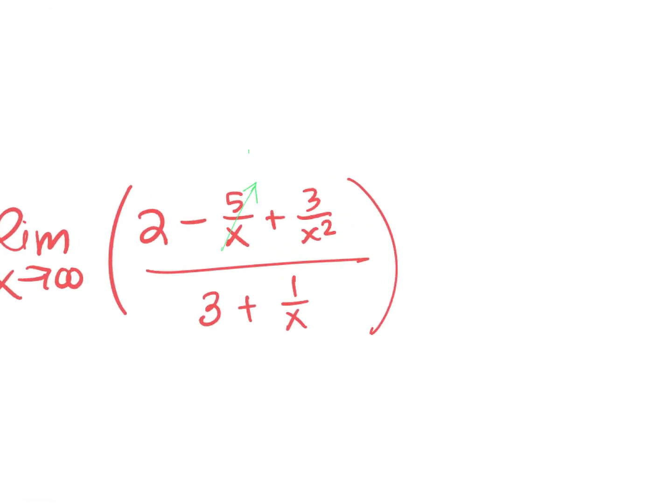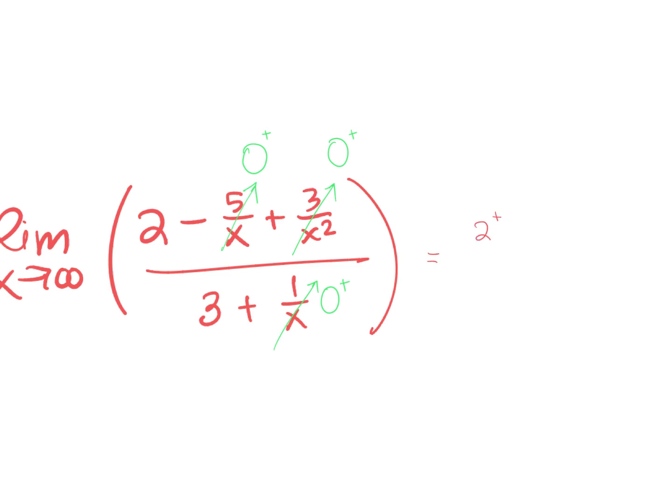this becomes 0 plus, this becomes 0 plus, and this becomes 0 plus when I plug infinity into all of those. So I will be left with 2 minus 0 plus 0 plus over 3 plus 0 plus.